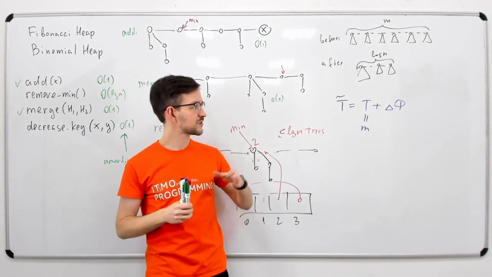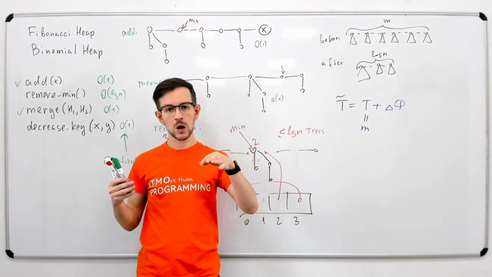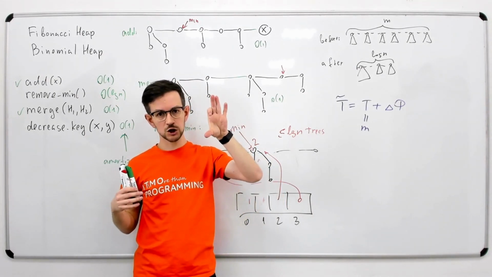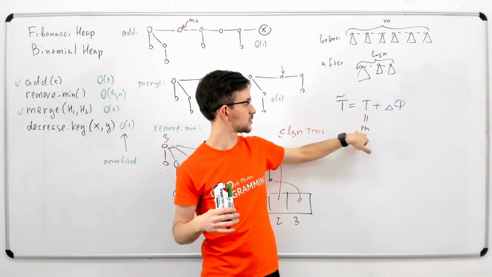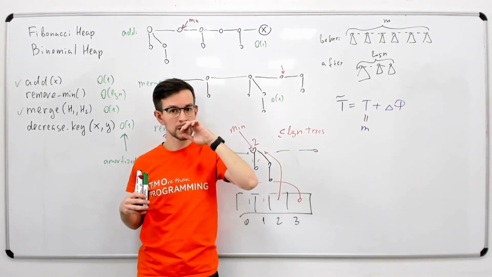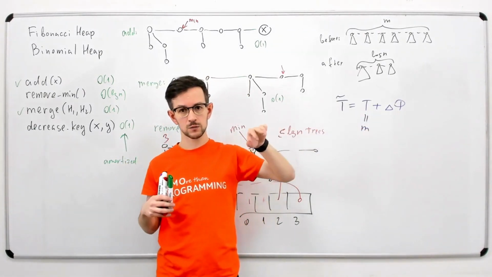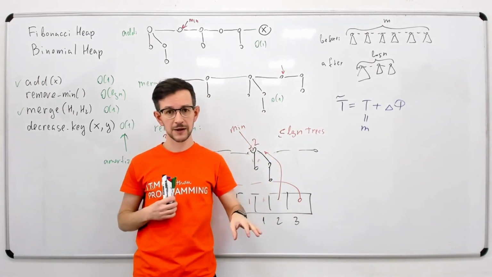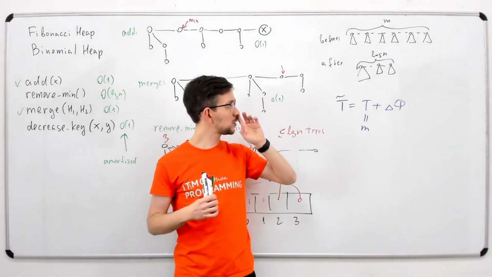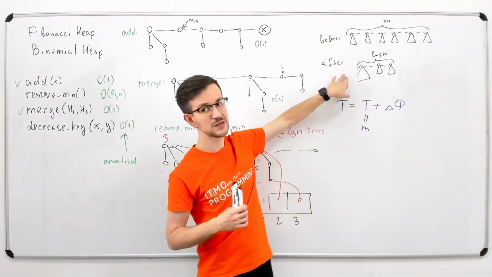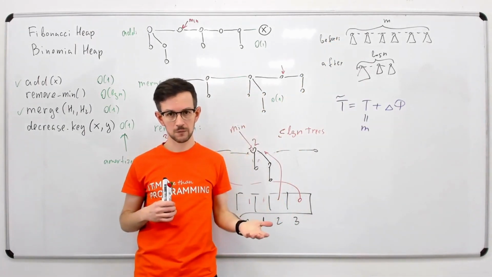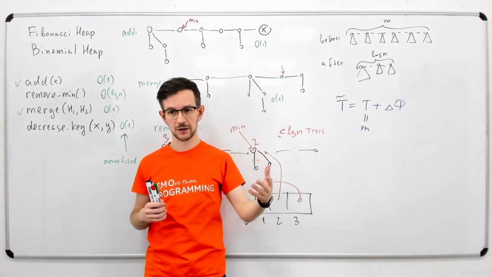So when we have some long operation, we want this potential to decrease by at least the same value as the extra time we spent. Here we spend extra m time, and we don't want the time complexity to be m. So we need a potential such that the change of the potential from this state to this state is about minus m, just to compensate this plus m.